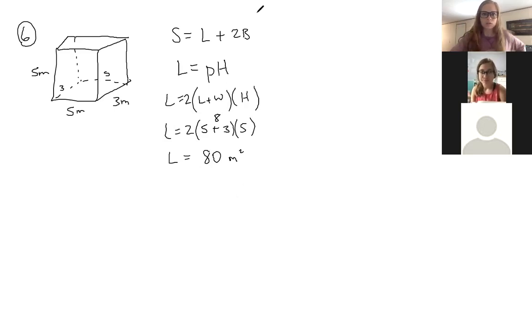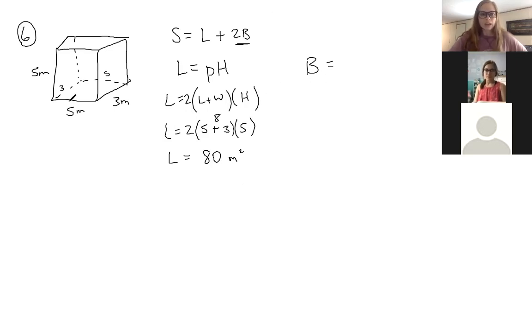So we have found the lateral surface area. We have found the area of the 4 faces on the side of this rectangular prism. Now I want to find the area of the bases. So this top base right here and this bottom base right here. Because it's a rectangular prism, the area of the top base is going to be the same as the area of the bottom base, which is why we can just find the area of one of the bases and multiply it by 2.